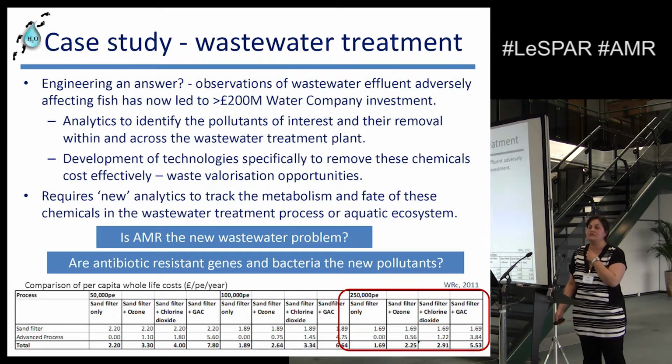The last 140 started in April this year. It started off with why does their effluent adversely affect fish, and they're looking at ways and how they might mitigate the concentrations of antibiotics and other pharmaceuticals, as well as metals, from their effluent before it goes into the receiving environment.